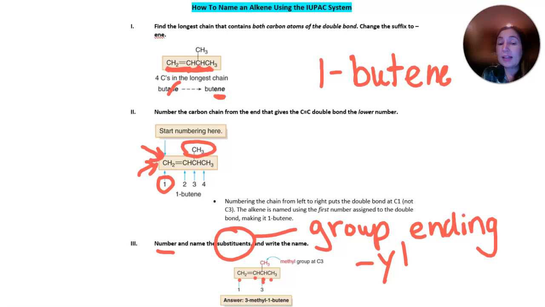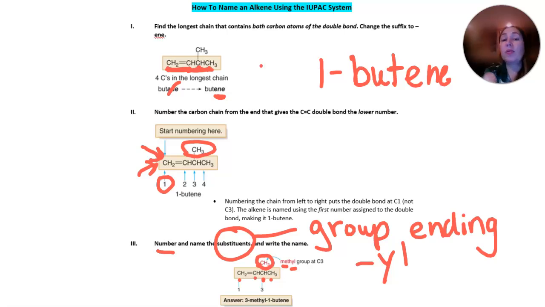But that second to last C, that CH, has a CH3 coming off of it. Since it's just a CH3, it's a 1 carbon group, it would be called meth- for 1 carbon, and I think of -yl as standing for group. So we're going to number and name those substituents and write the name.